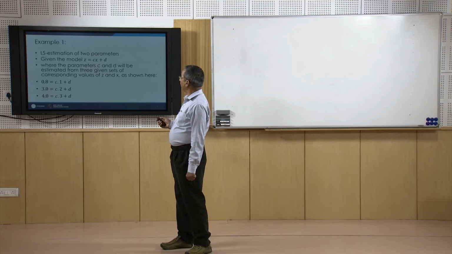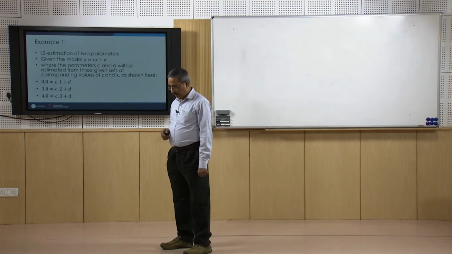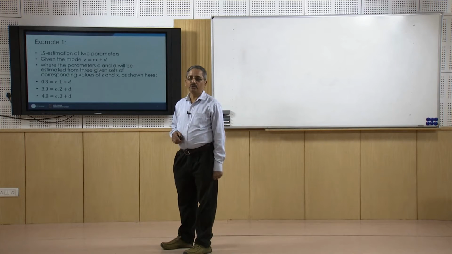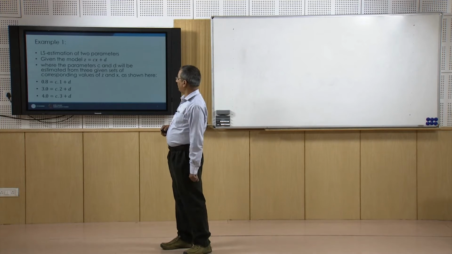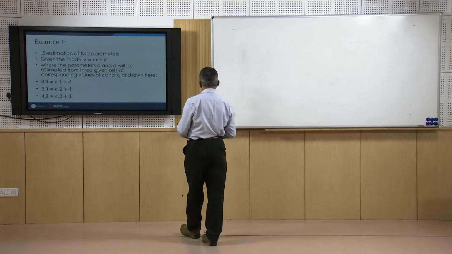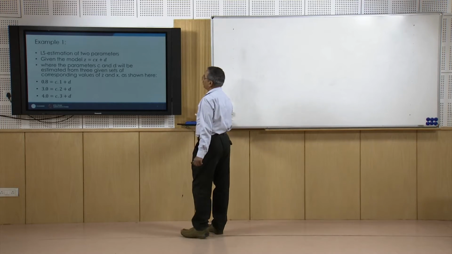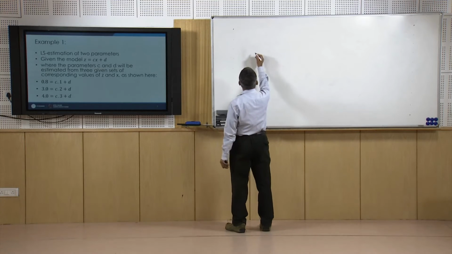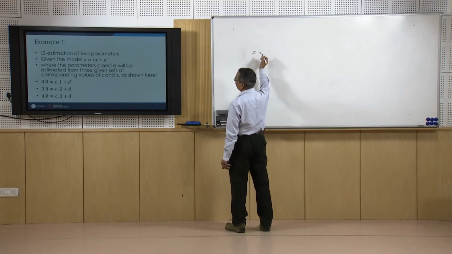Now, in this class we will be taking up two examples to illustrate how these parameters are estimated. So, the first example is the least square estimate of two parameters. Suppose I am given a simple model.